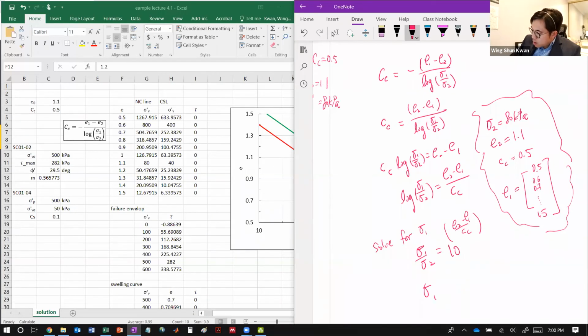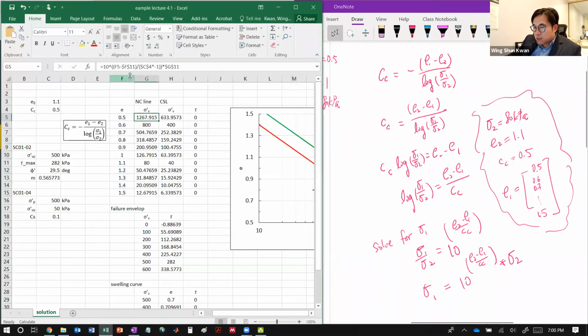Sigma 1 will just equal this number here times sigma 2. So whatever I do on this calculation will be the same as this formula here. I hope it's clear. Any questions?